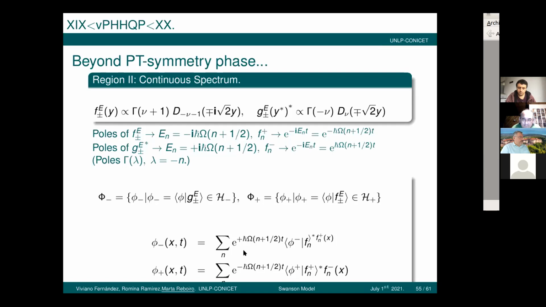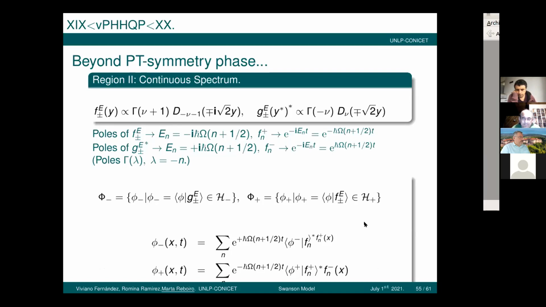So if we want to make the time evolution of the system for t greater than 0, we should take the advanced Green functions, while in the other case, the retarded Green functions.